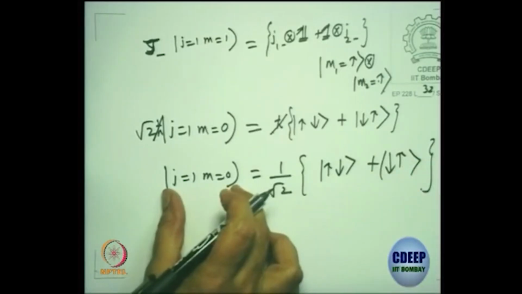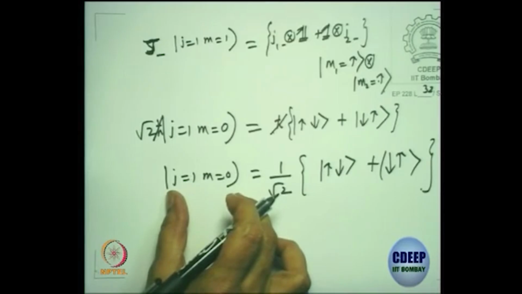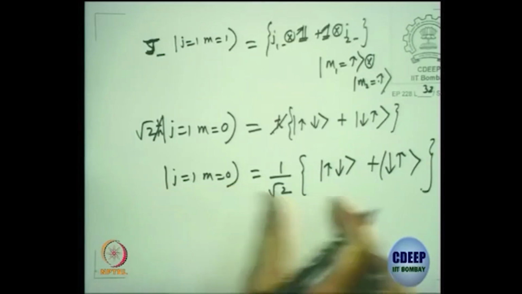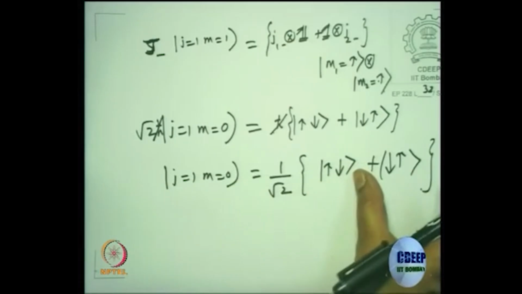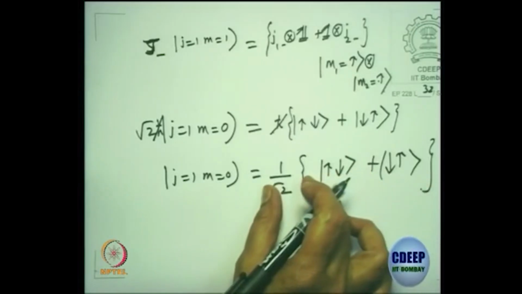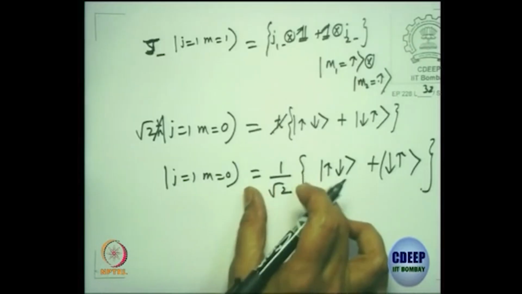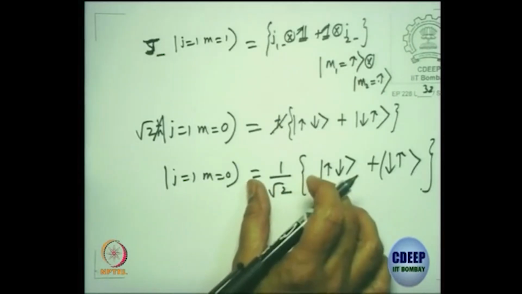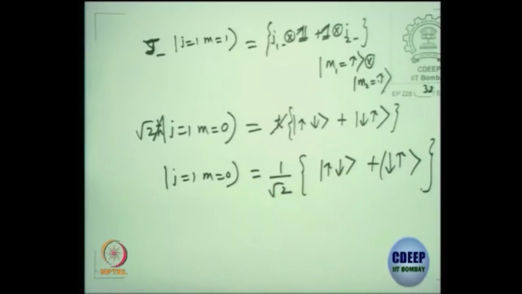So this side is a coupled state. A coupled state can be written as a linear combination of the uncoupled basis, and those coefficients should give me the CG coefficients of the CG matrix. So let's write the CG matrix again.